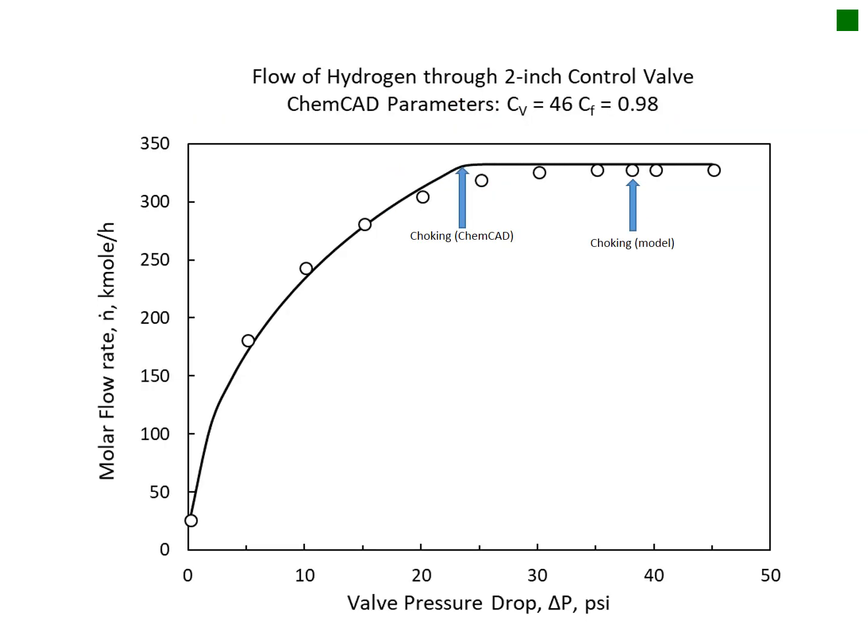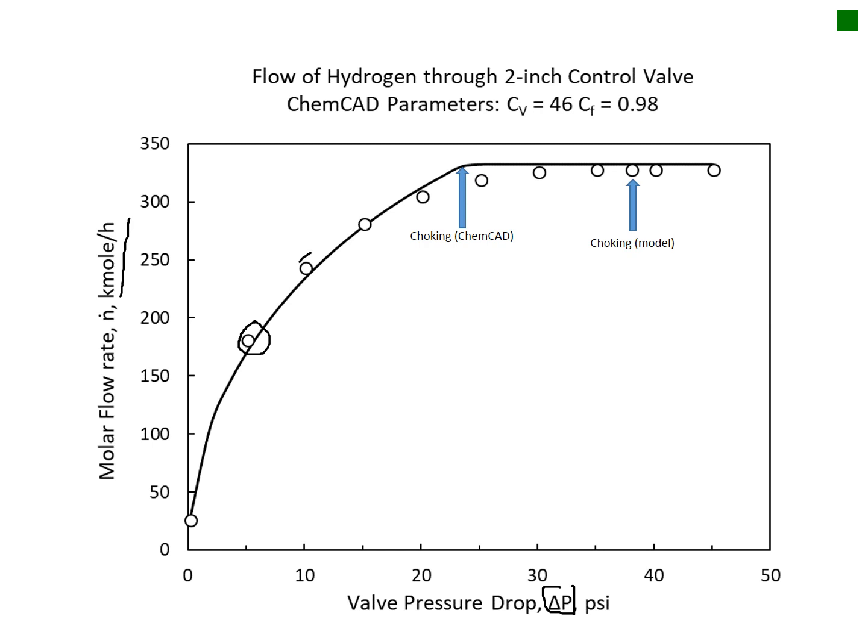And I can do this by using the equations that we've seen before. We notice that this flow rate is given by the data symbols, where I have molar flow rate in kilomoles per hour as a function of delta P across the valve.